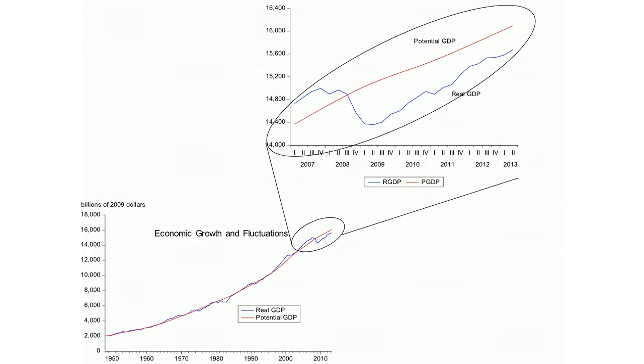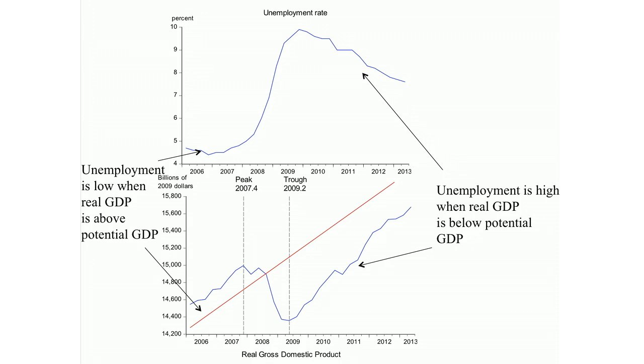If you want to see also what's happening with the ups and downs in the economy in the labor markets, this graph helps. So at the bottom, we've again shown you real GDP declining in the recession, beginning of 2007, fourth quarter towards the end. And then it's continued to the trough in this recession in 2009, and then the recovery. But in the upper part of the graph, there's a picture of the unemployment rate for the entire U.S. economy. And as you can see, the unemployment rate rises when you go into a recession and real GDP is below potential GDP.